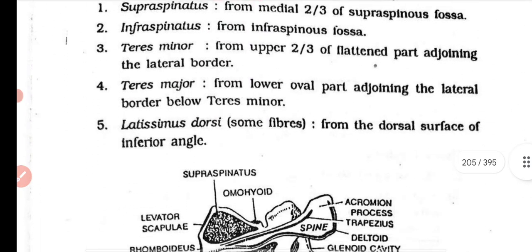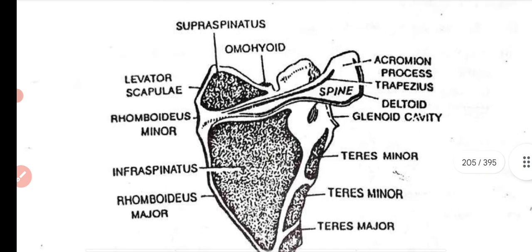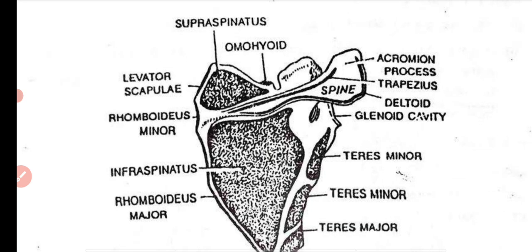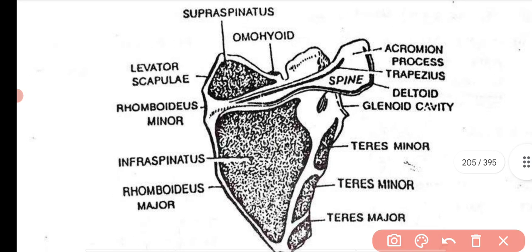Here is this whole thing. This whole thing is the spine of the scapula, which lies backward or posteriorly. Okay. Now, the next thing.